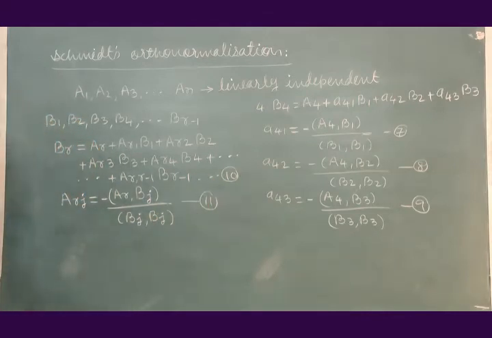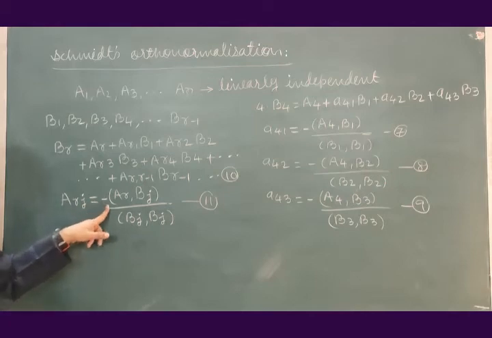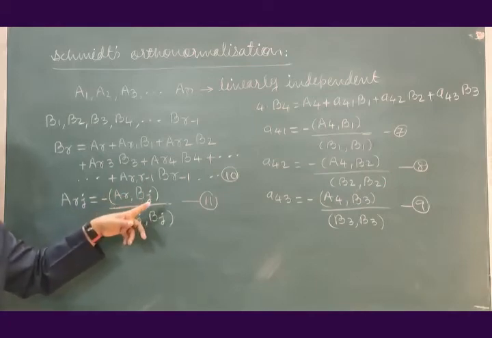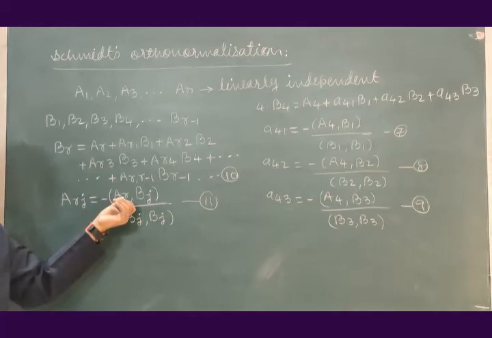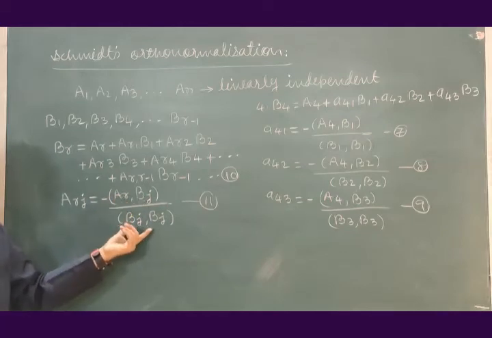Equation number 11. This is the general formula. arj is equal to minus of the inner product of ar and bj divided by the inner product of bj with bj.